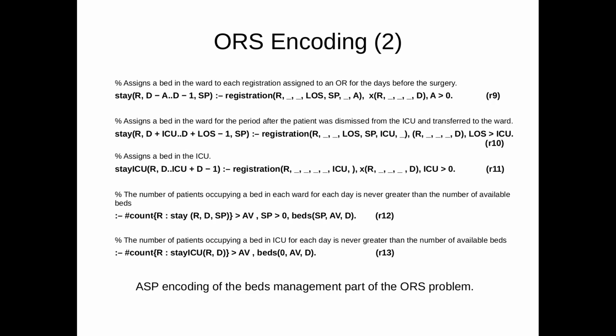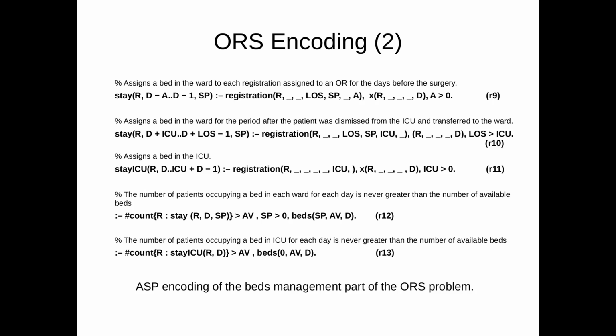Rules 10 and 11 try to accomplish the other two conditions, that if a patient from the operating room goes to ICU, there must be a bed in the ICU, or it assigns a bed in the ward for the period after the patient was dismissed from ICU and transferred to the ward, because no one is going to stay in the ICU, it's very terrible. So they have to be shifted to the wards.